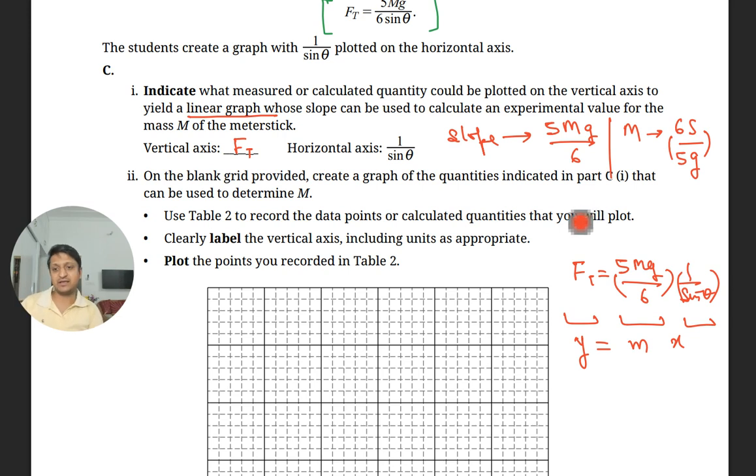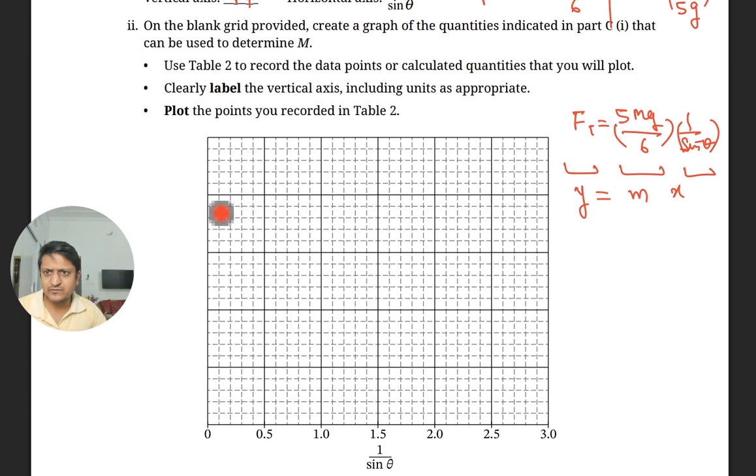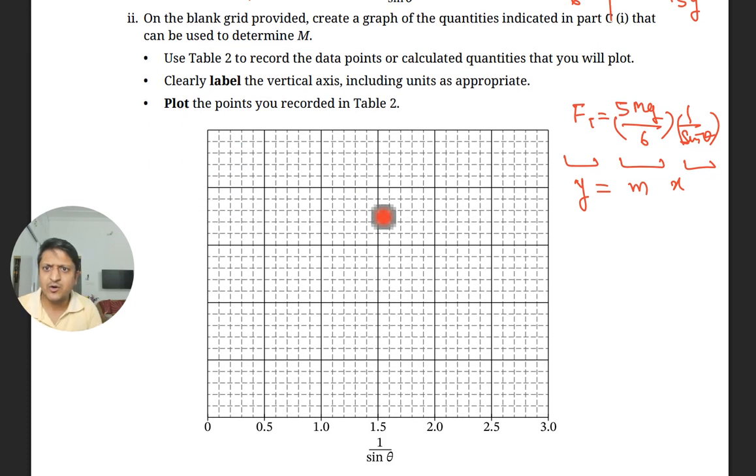So you can choose any vertical axis. Like if you say 6Ft, you put 6 here, then your slope will also change. So this is for the first part. Now, on the blank grid provided, create a graph of the quantities indicated in part 1 that can be used to determine M.